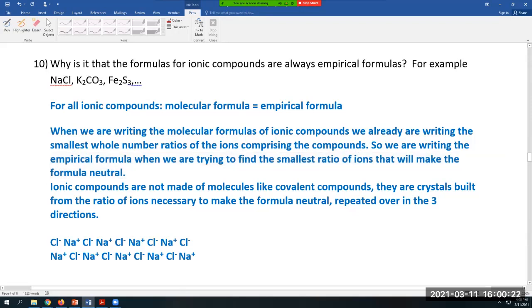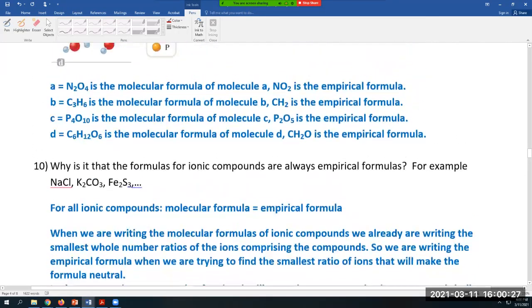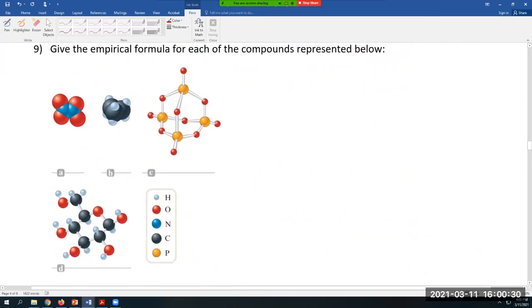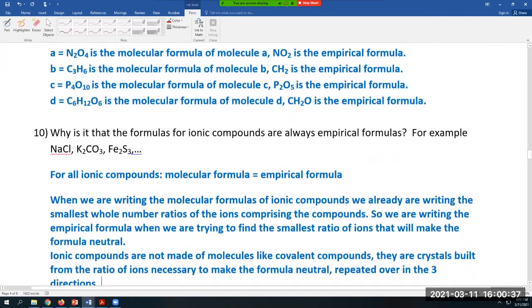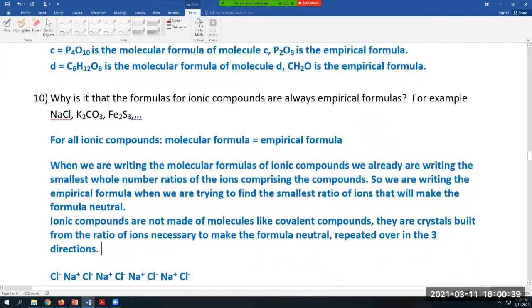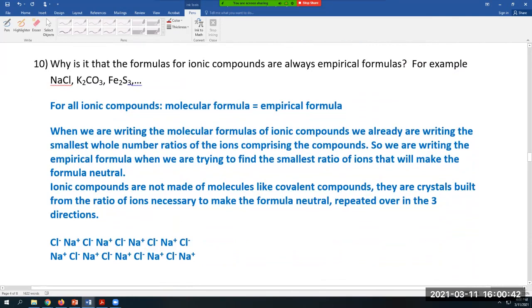I want to emphasize here that ionic compounds are not made of molecules, like you saw earlier here. These are molecules, right? These are all molecular compounds made of non-metals only. In ionic compound, we have a metal and non-metal, and they are in ions. And so the way they are represented cannot be represented like a molecule. Because it's actually crystals that are built from the ratio of ions necessary to make the formula neutral.